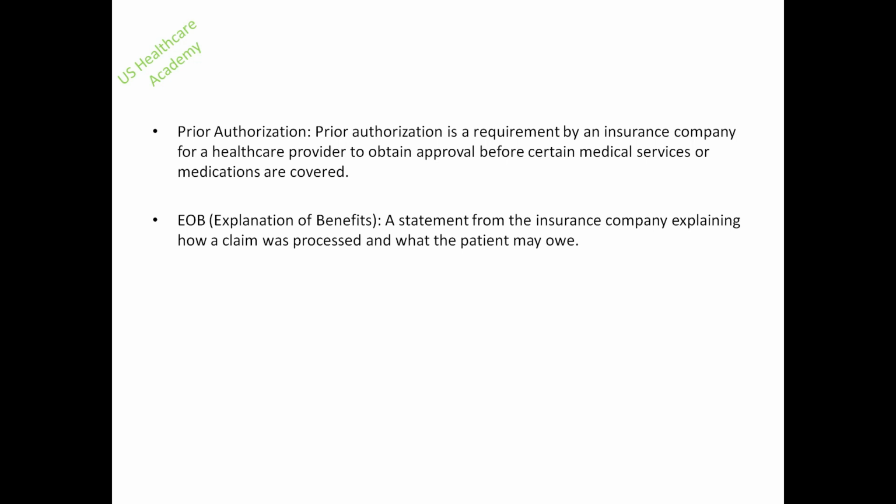That prior authorization will be approved by the insurance company. The provider will receive the authorization. There will be a prior auth number on it, which is again a unique number for that prior authorization. As I told you before, guys, mostly everything has a unique identifier. So hope prior authorization is clear in your mind now.